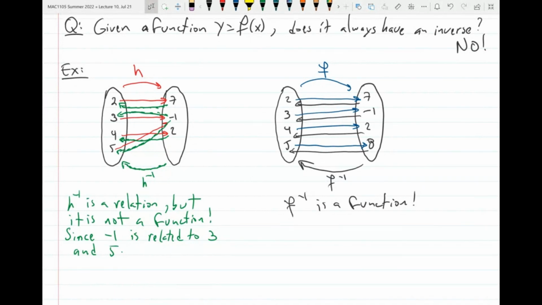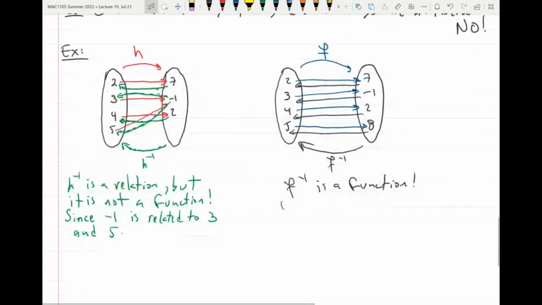Because if a function fails to be one-to-one, then you're going to have this other situation, that different inputs will go to the same output. Then if you try to flip the arrow, you are in trouble. Do you understand this? So f is an example of what we call a one-to-one function.